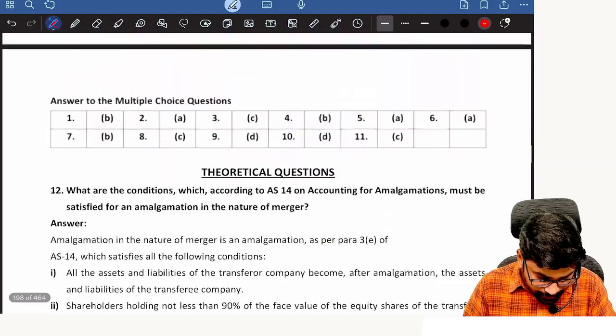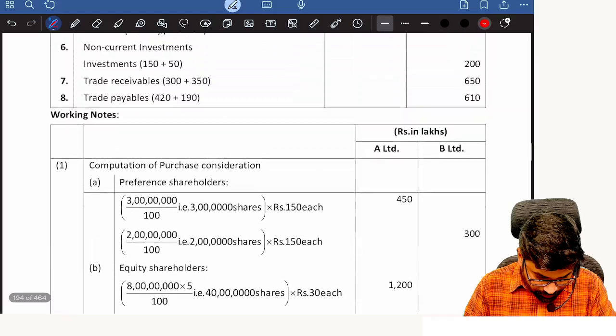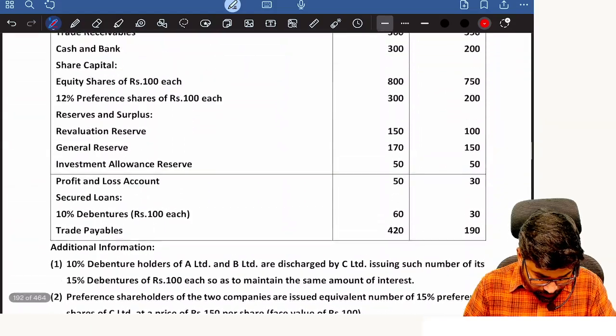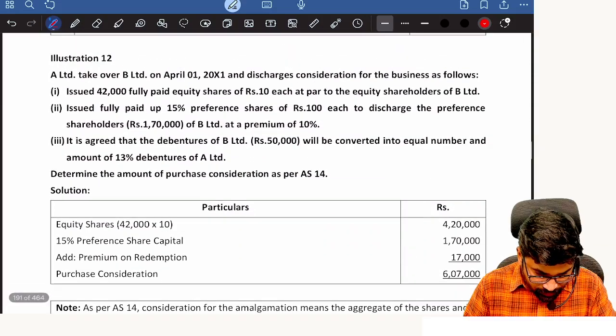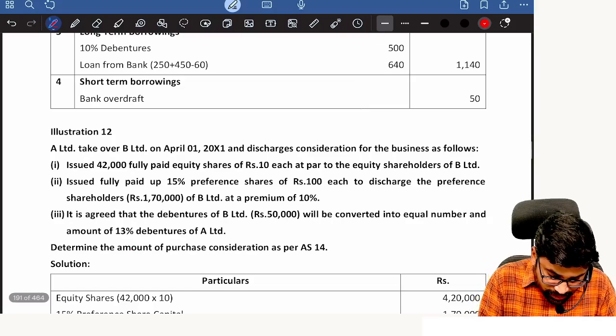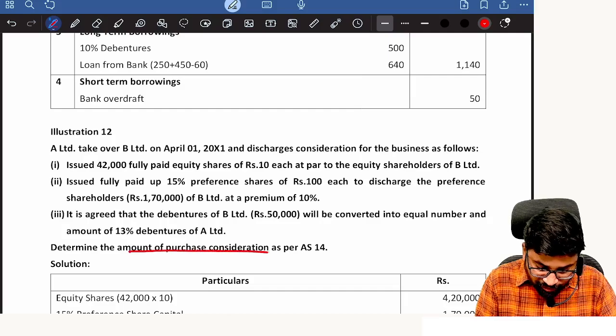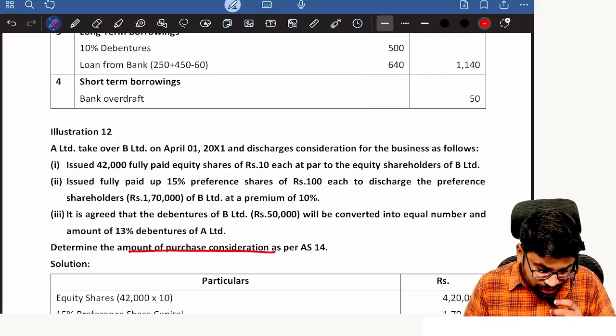Illustration 12. Look at this question. Here also, what is the requirement? Amount of PC. See the question.